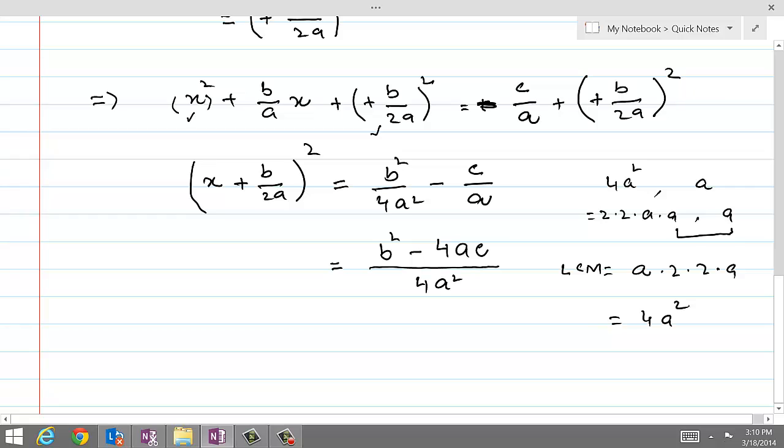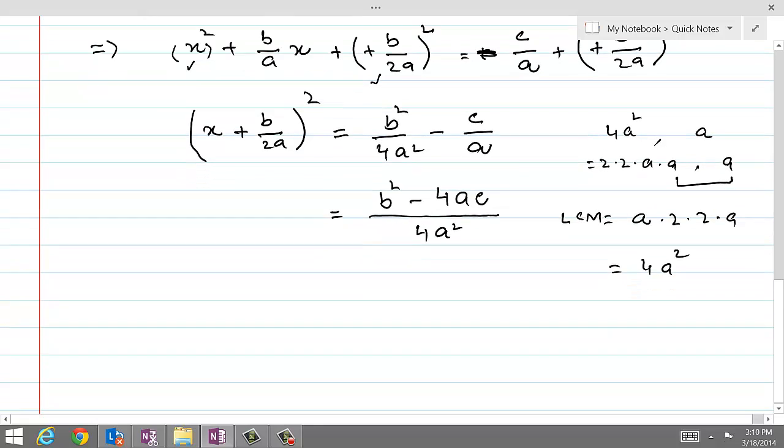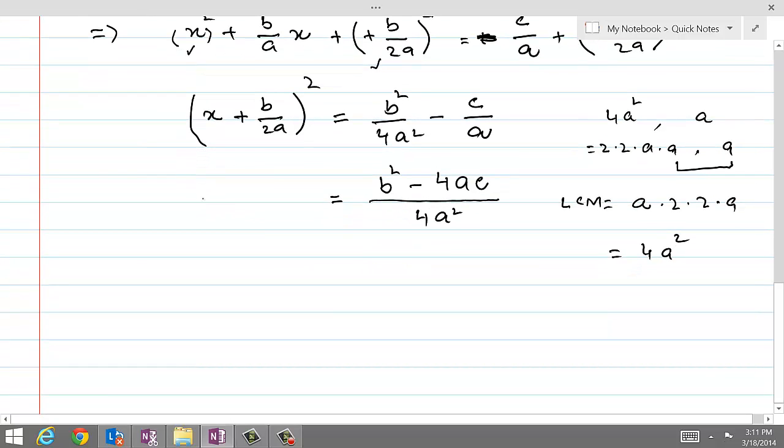When we simplify these fractions, 4a square divided by the first denominator, 4a square, gives 1, which is multiplied with b square. Similarly, 4a square divided by a gives 4a, which is multiplied with c. That's how we get this, and the left side is x plus b over 2a whole square.